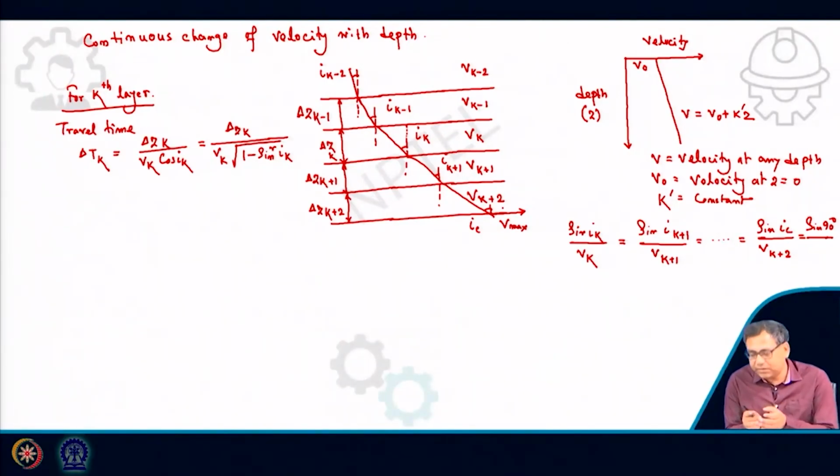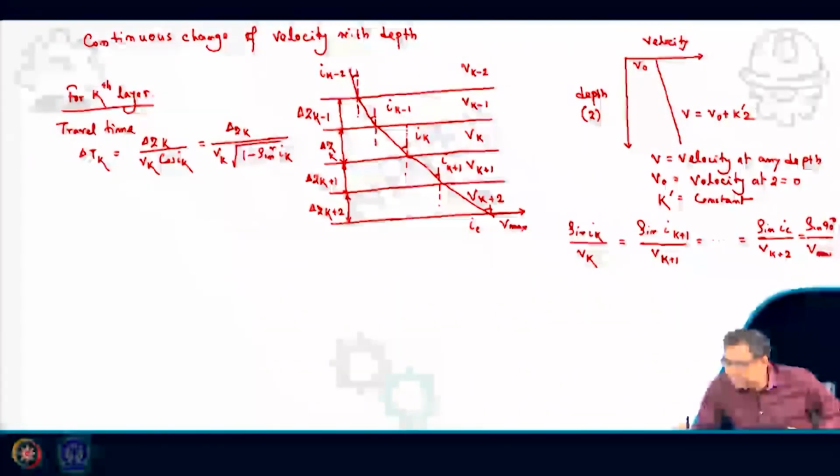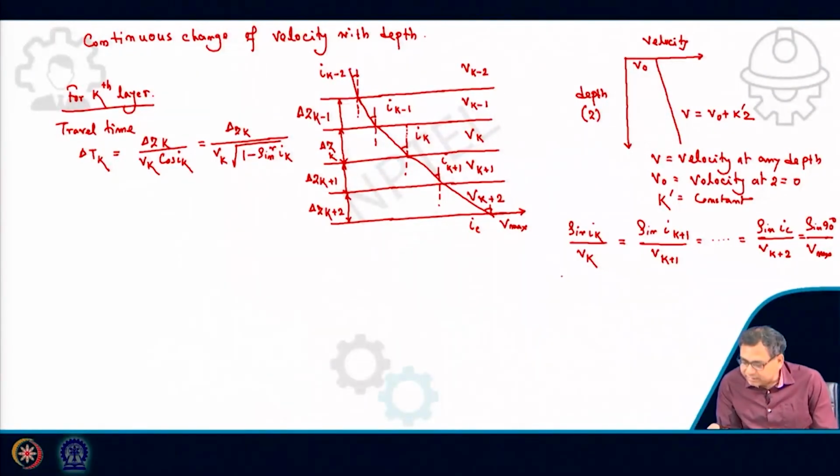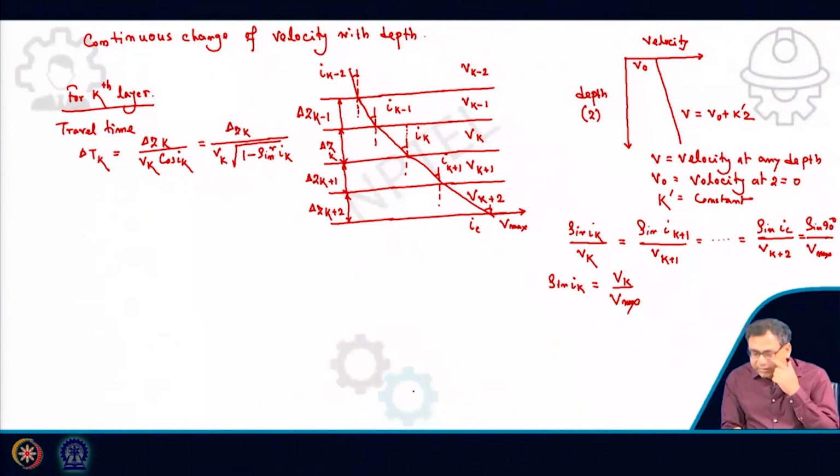So this will be the maximum velocity, whatever the Vk plus 3 layer is, because from this layer the ray will go up again. So this ray will not go further down. That's why this will be the maximum velocity that this ray will achieve. So I can write that sin Ik will be equal to Vk by Vmax, since sin 90 is 1.